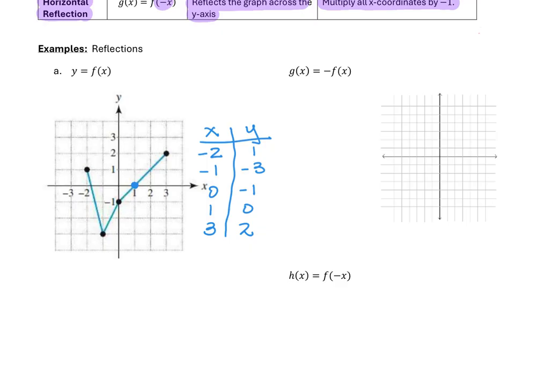All right, so now when we look at the first example, notice we have a negative on the outside, which means that I want this to be a vertical reflection. Vertical affects the y values, and so we want to multiply all of our y values by -1.